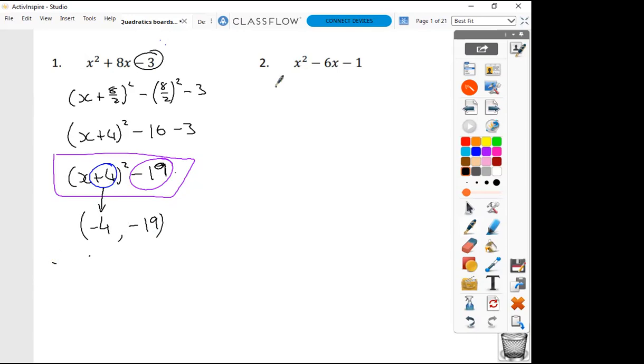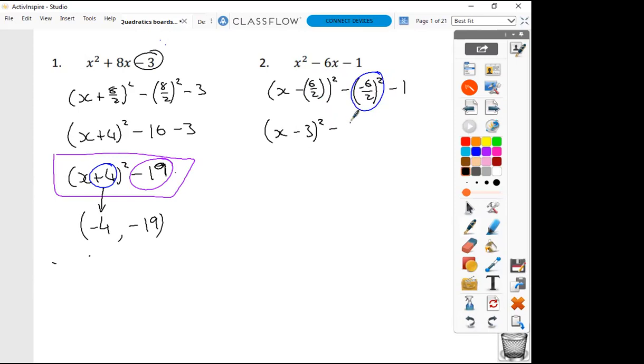Completing the square, number 2: x minus 6 over 2, minus -6 over 2 squared, minus 1. So (x minus 3) squared minus, and it's minus 3 squared, which is 9. We do that bit first, but this negative sign is always going to be in place.